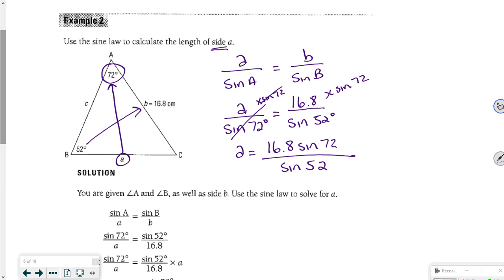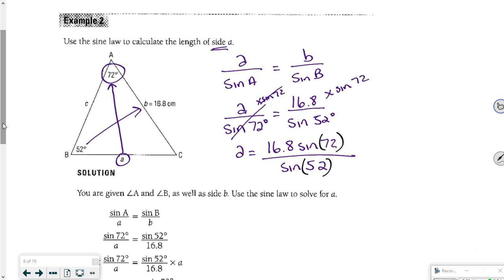Most calculators won't care, but if your calculator automatically puts a bracket right here, make sure you put a bracket on the other side of the 72 before you do your divide sign. Otherwise, you should be able to do this all in one step. You just do 16.8 times sine, if it puts the bracket in, 72, close your bracket, then divide by sine of, and then again, it'll put a bracket in, 52, close your bracket.